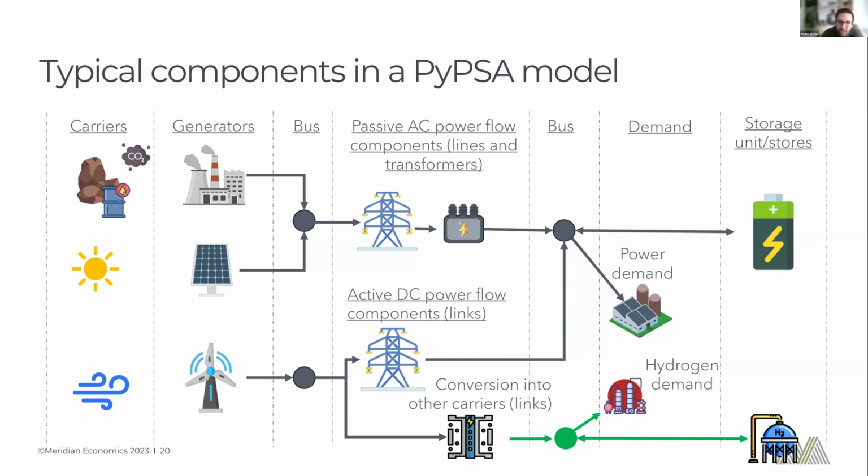A link can take energy from a bus of a specific carrier and convert it into a different carrier. For example, here a link would represent an electrolyzer: you put in electricity, there's some conversion ratio, and so much electricity then gets converted into hydrogen.